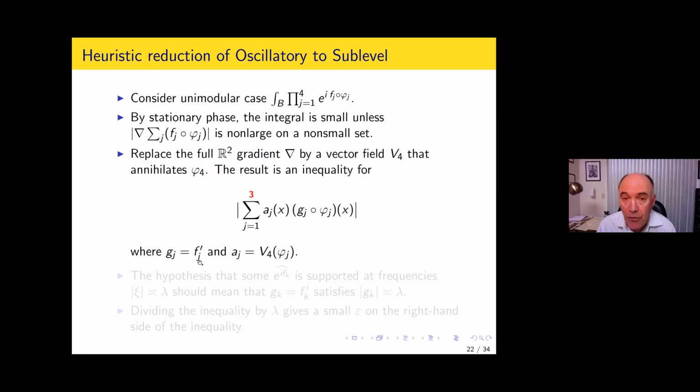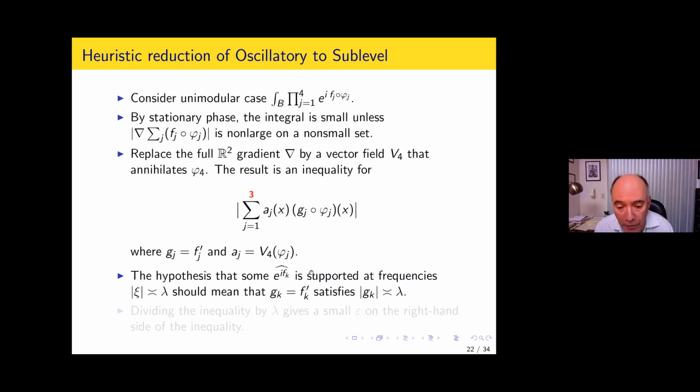All right. Originally, I had a hypothesis that one of my 4 factors has a Fourier transform which is supported at high frequencies. And what that should mean is this: if e to the i f k hat is supported at large values of the variable, then it should be that the derivative of f sub k has magnitude roughly the size of the support of the Fourier variable.